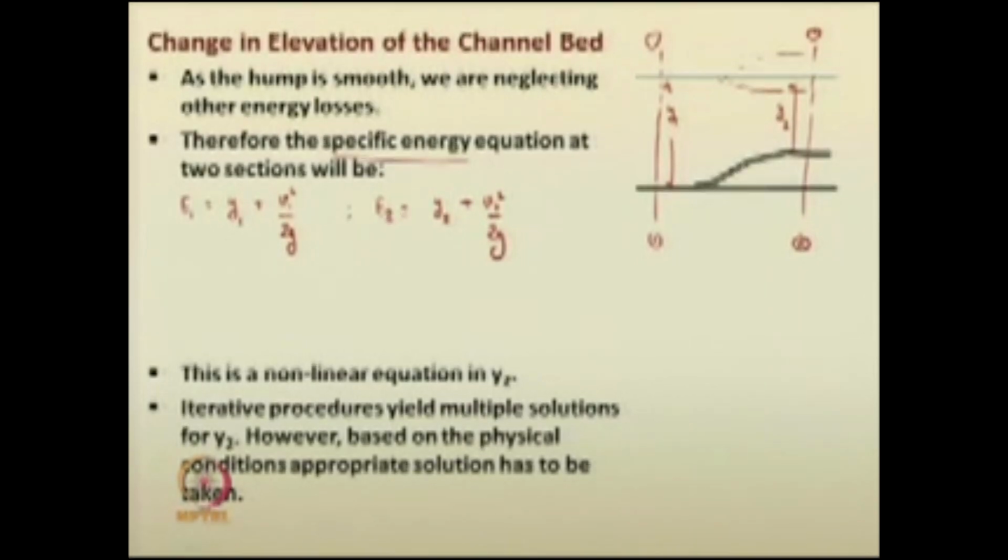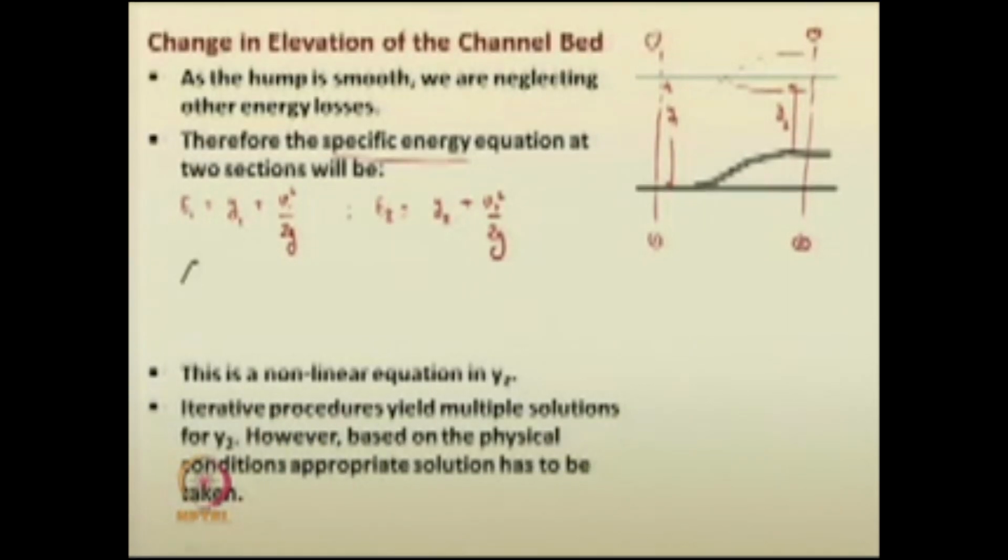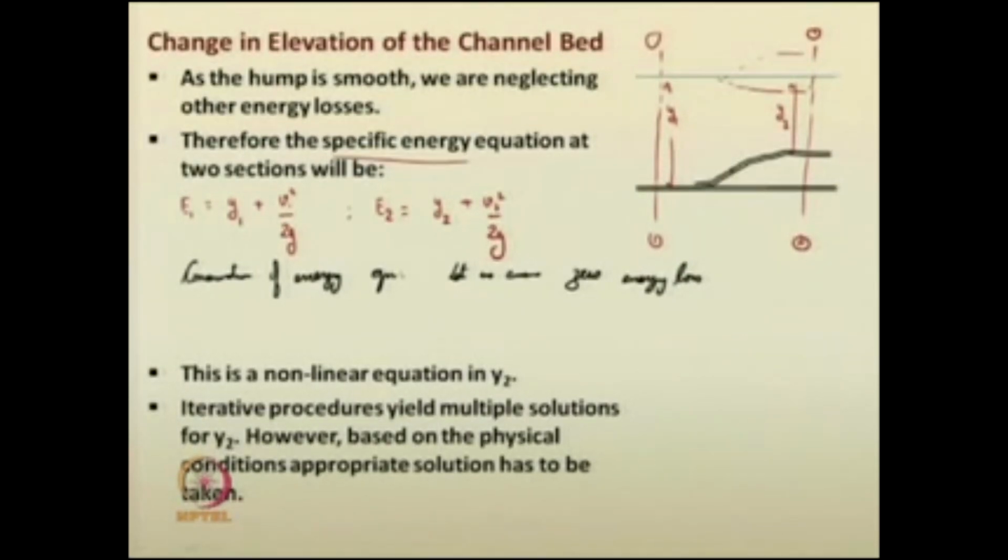If you take the conservation of energy equation, let us assume 0 energy loss between section 1 and section 2. Therefore, the energy equation can be represented as y1 plus v1 squared by 2g. What is v1?